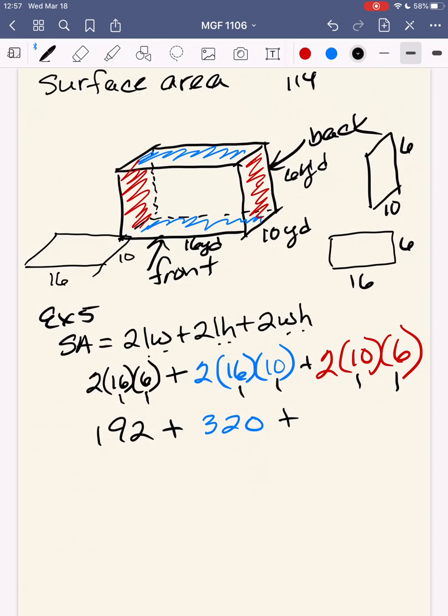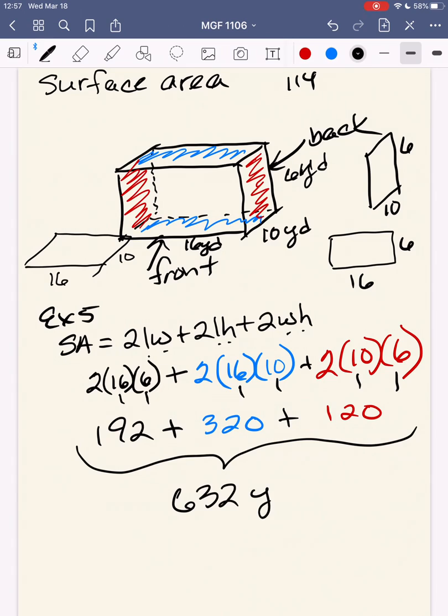And then my 2 times 10 times 6 is going to give me my 120. And when I add all those together, I get 632 yards. And this is still cubed. Okay, so even though it's surface area, it's area, we still go ahead and we're cubing it.